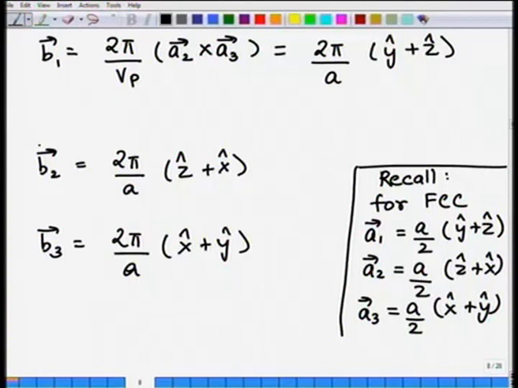Now, compare B1, B2, B3, do not they look the same, except that here I have a by 2 in front, and here I have 2 pi by a.